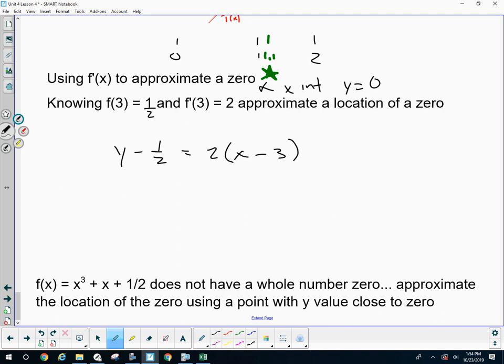What we will be doing in this situation is finding the x-coordinate when my y is 0. So we can approximate when my curve passes through the x-axis. We'll plug in 0 for y, and we will find x.